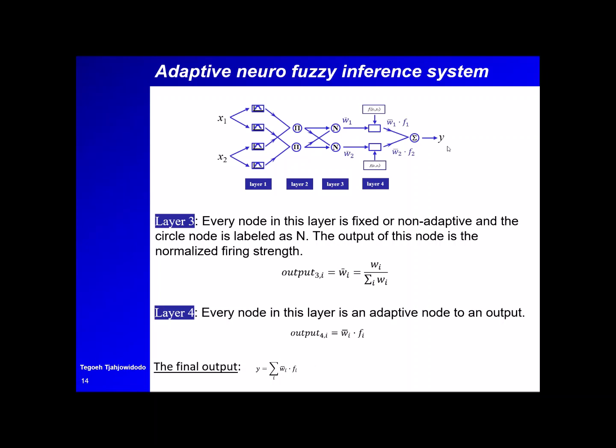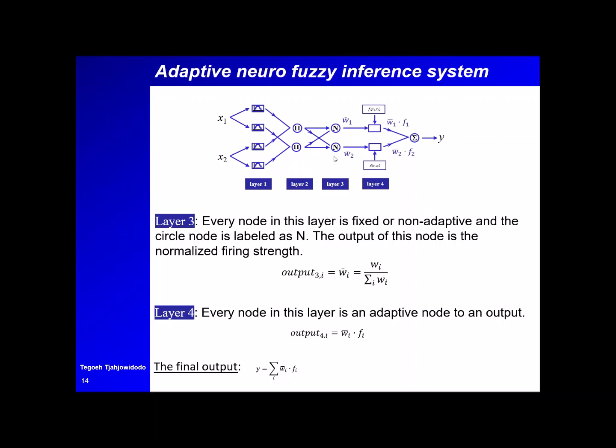Okay. So if I look at this, we have a few parameters to be tuned in this ANFIS. All of these membership functions have to be tuned in this ANFIS. F1 and F2 are also unknown, so these are the two functions that have to be tuned. The two middle layers, layer 2 and layer 3, are fixed layers, so you don't have to tune anything. It's totally fixed.